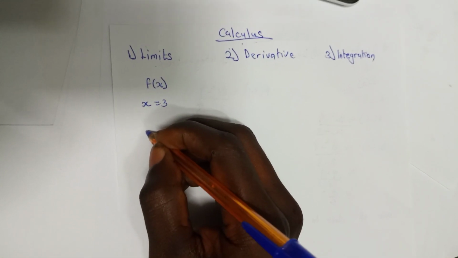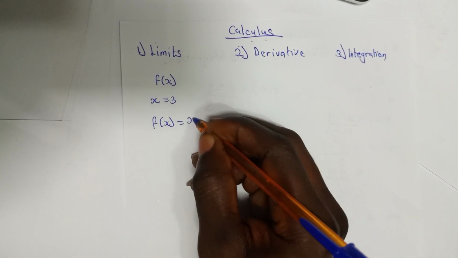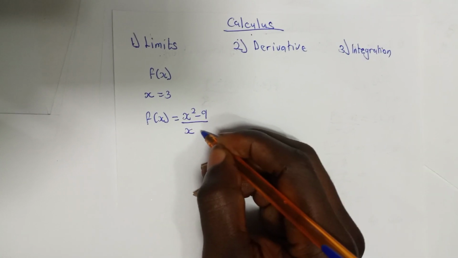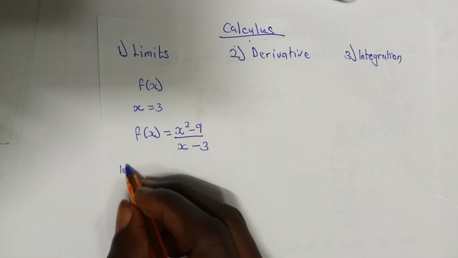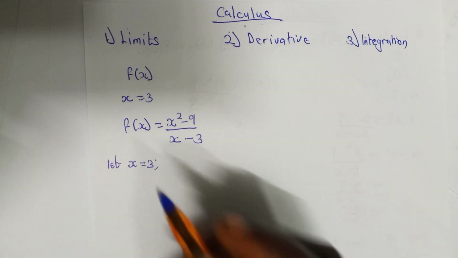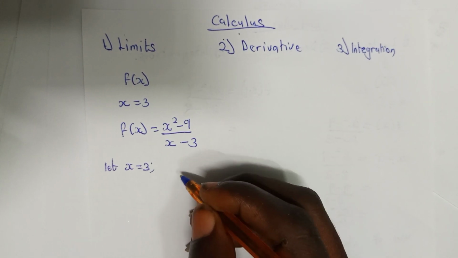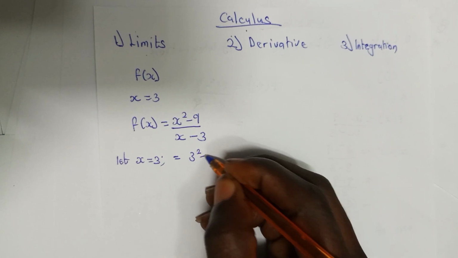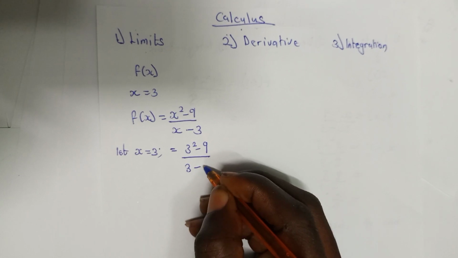Let's say given a function f of x equal to x squared minus 9 divided by x minus 3. Let's say x equals 3. Substituting x equals 3 into the function f of x, we get 3 squared minus 9 divided by 3 minus 3.